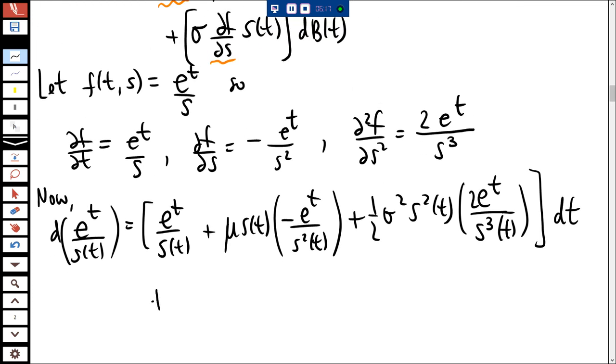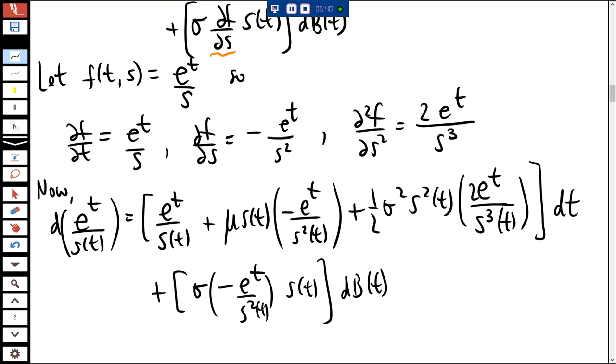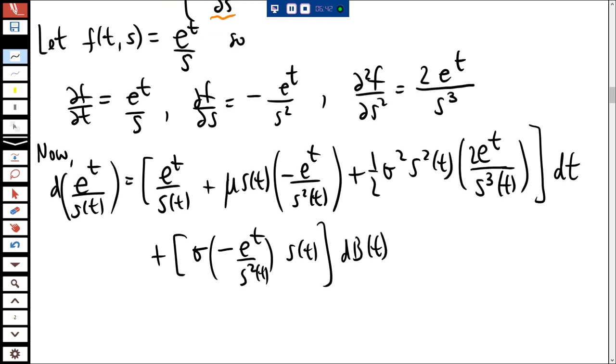Now the next term, df ds is minus e to the t over s squared of t. I'm going to put the t in there because I'm going to put the t in the other term. Okay, I think that is looking right. Yep. So that's the process.